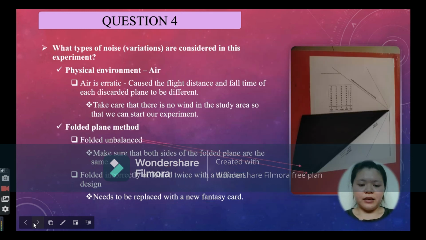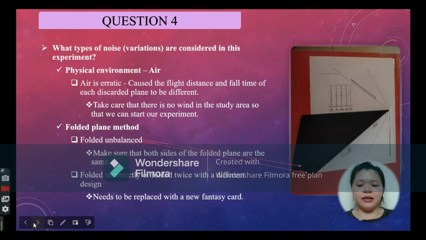Next, the fourth question given is what types of noise variation are considered in this experiment? Based on the experiment conducted, there are two types of noise variation considered in this experiment. The first is physical environment, that is air.